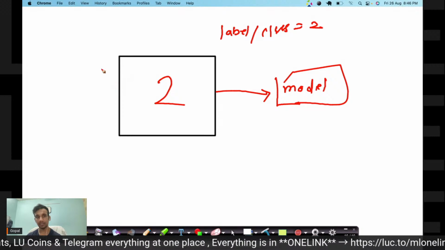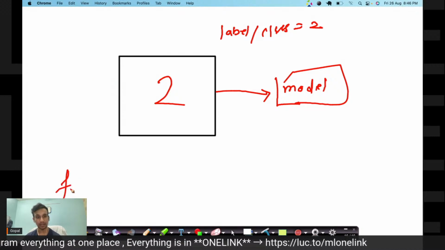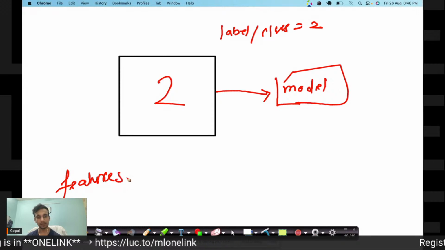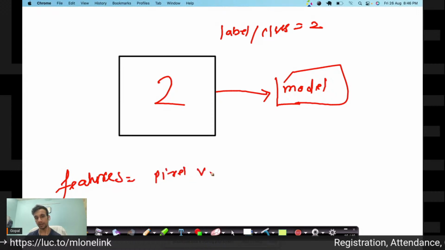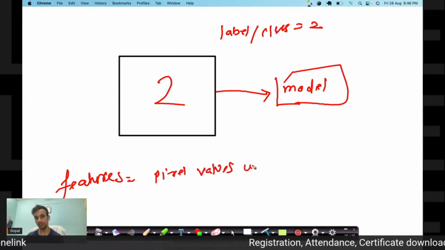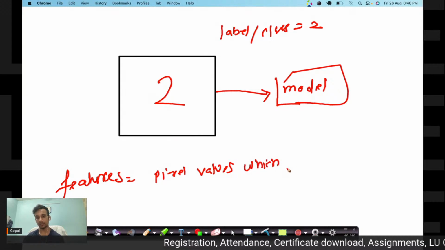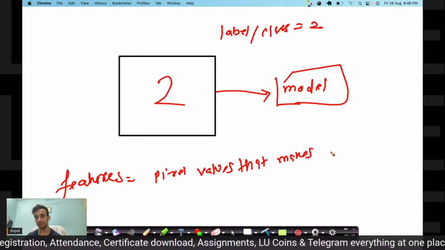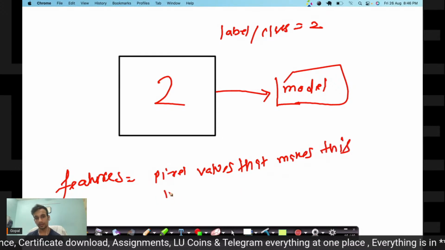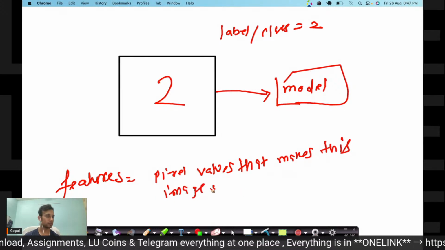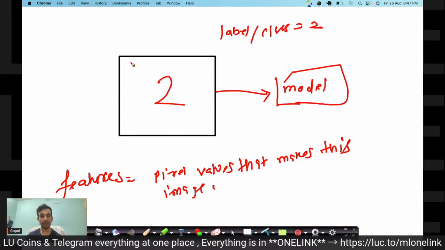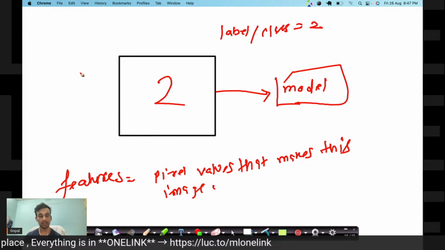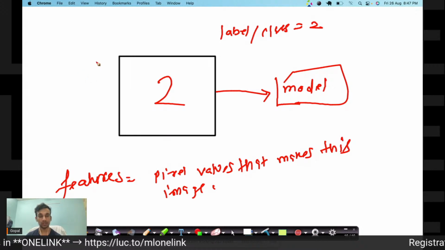Because we need features as well, what exactly will your features be? Your features will be pixel values that make this image. This image can be distributed across rows and column values of each pixel.